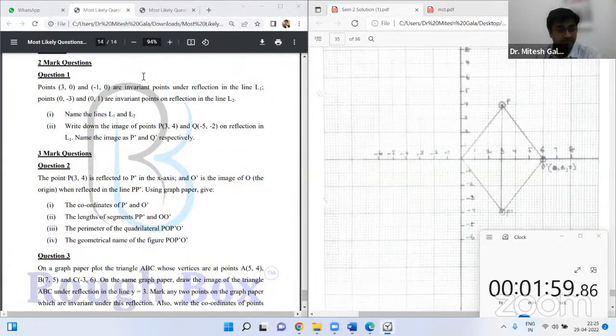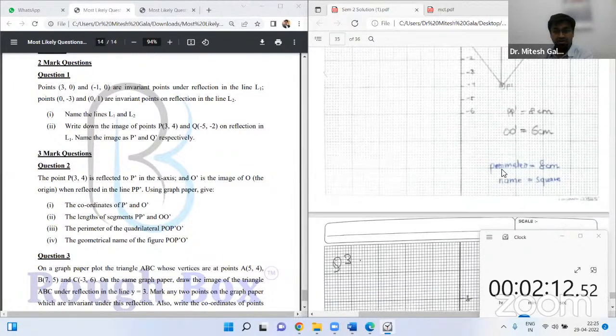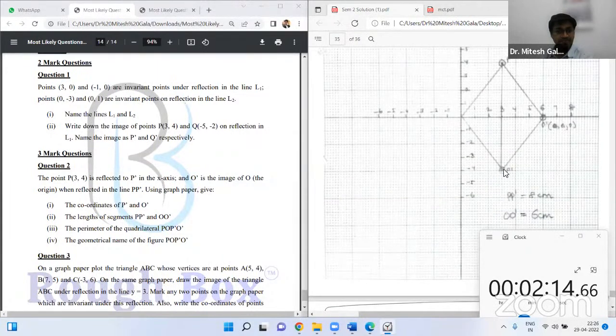How does it look? So P is 3 by 4, which is here, 3 by 4 right on top. Reflected in x-axis, you get P dash, which is right down over here. So your P dash goes down. P dash, P is this. Then O dash is the image of O in this line.